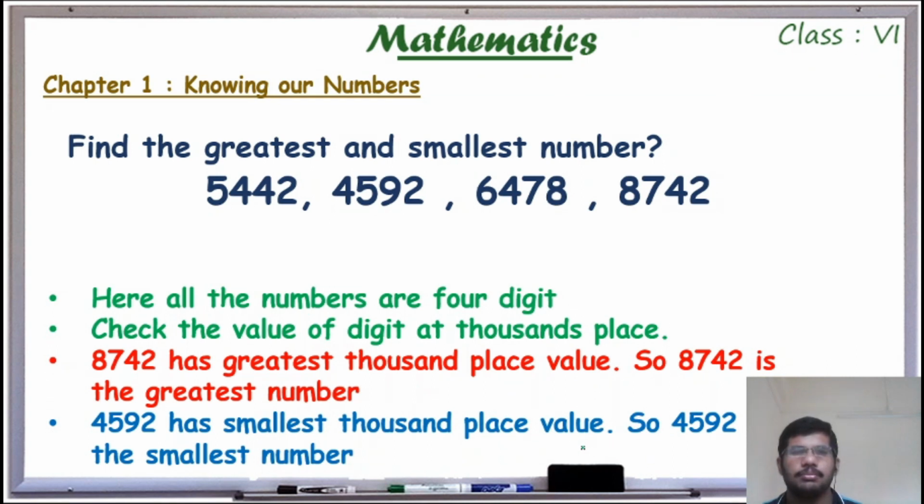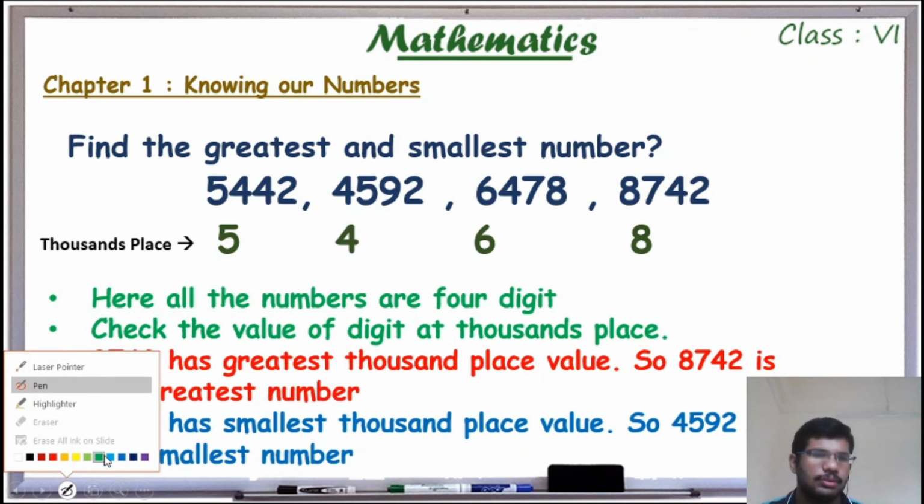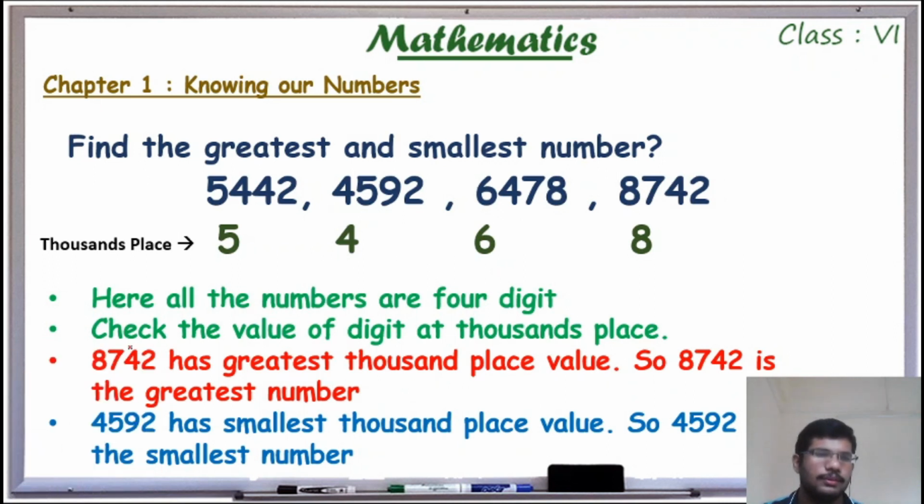In the case of these 4 numbers, we have 4 digits, and we check each thousands place value. For the first number we have 5, for the second number we have 4 at the thousands place, for the third number we have 6, and in the fourth number we have 8.